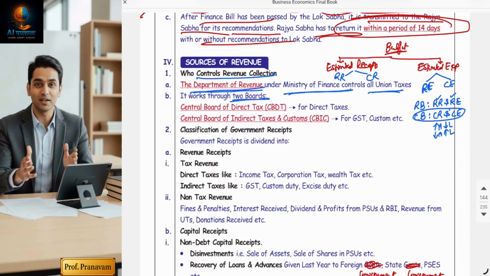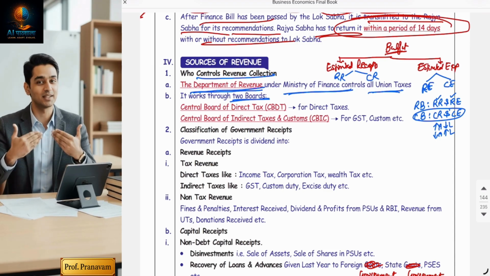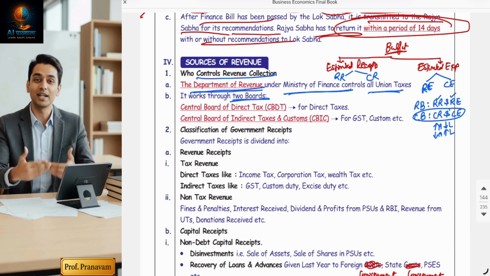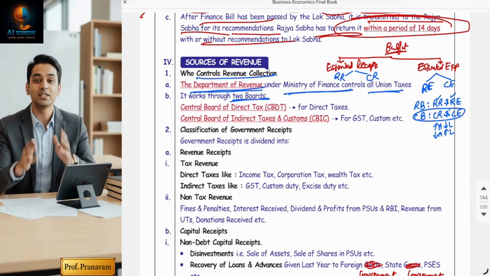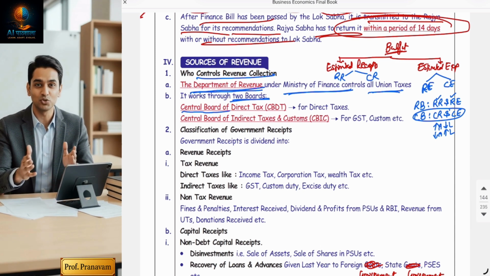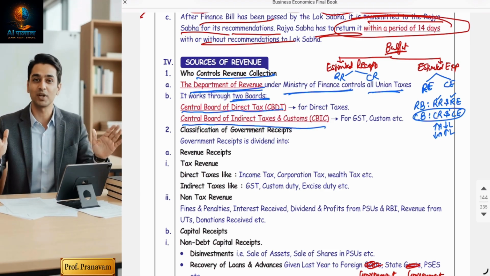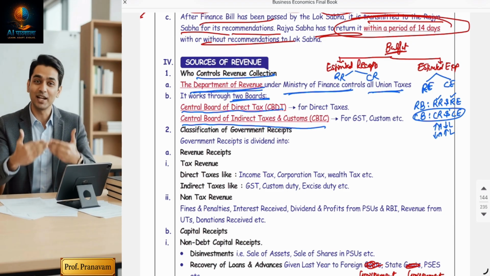The main source of revenue for the central government is tax revenue. There are two types of taxes, direct tax and indirect tax. First is the Central Board of Direct Taxes, CBDT, and the Central Board of Indirect Taxes and Customs, CBIC, for GST and customs.